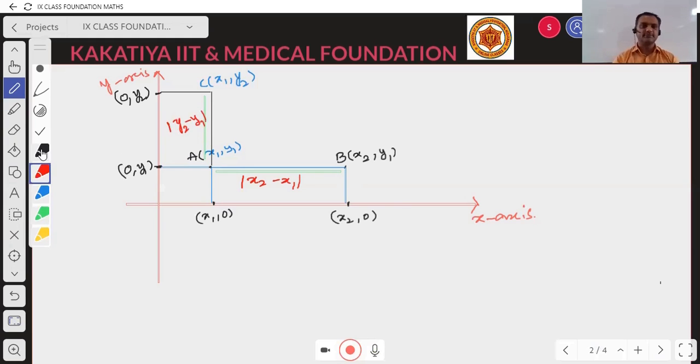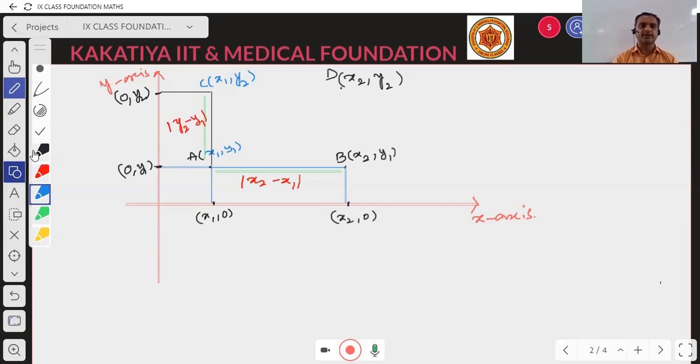In a similar way, let me consider a point over here. Say its projection on the x-axis hits at x2, and on the y-axis at y2. Let us say this point is D of x2 comma y2.